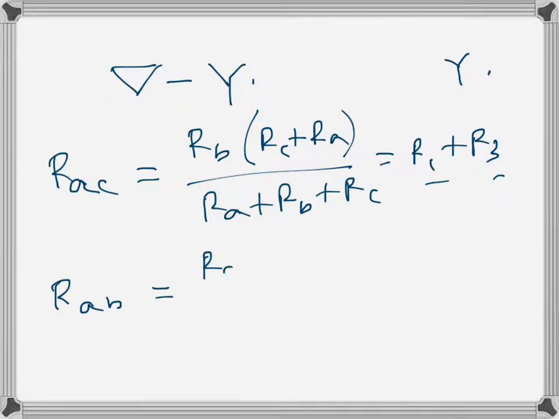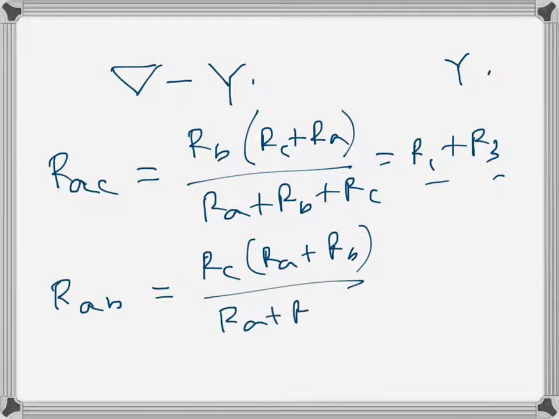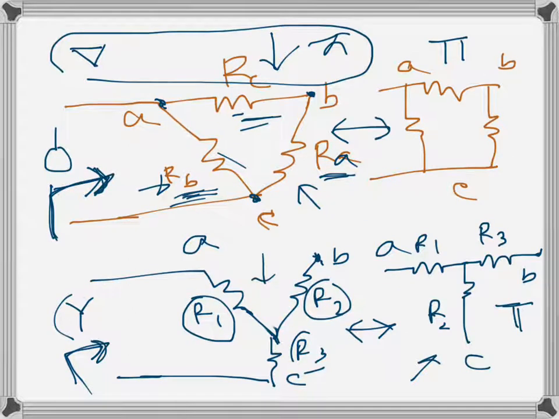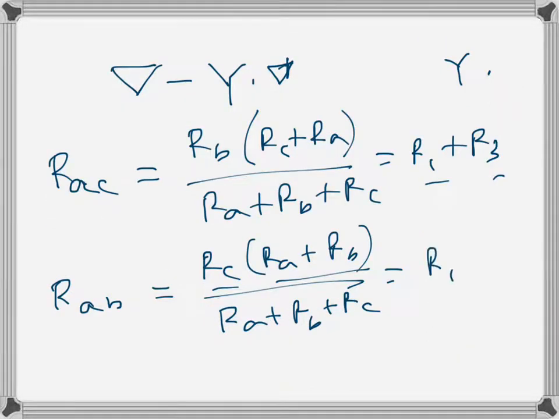So RC parallel with RA plus RB, divided by the sum of all three, because this sums the two, so that will be the sum of all three. That is for delta, and for Y, RAB seen here will be R1 plus R2, which is obvious. So R1 plus R2 is RAB.